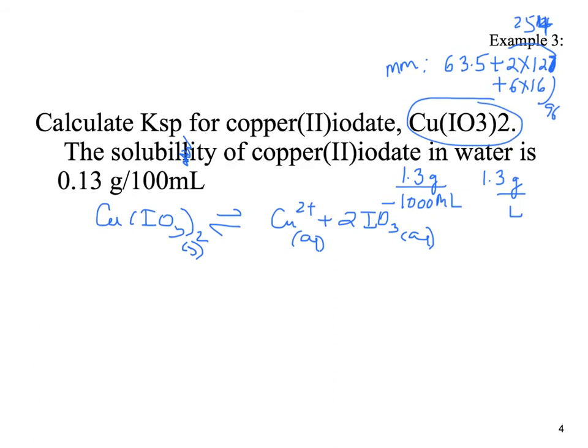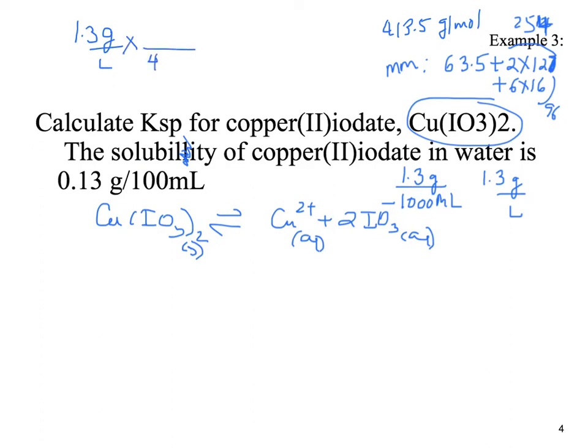And that comes out to be 413.5 grams per mole. And you have to convert the solubility into molar solubility first. So again, 1.3 grams per liter.